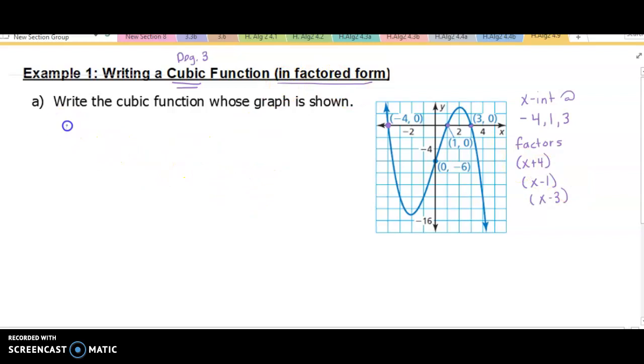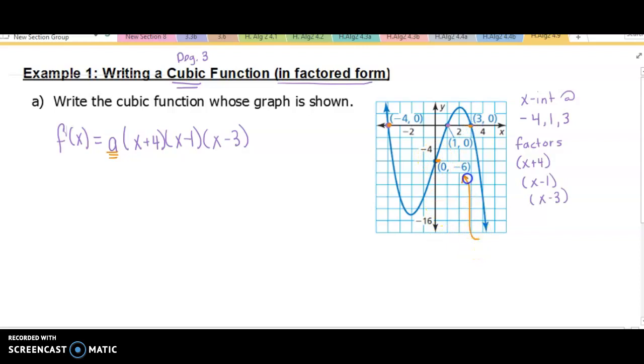So if we write this equation just with what I have, we don't have everything yet, but f of x is going to equal some number a out here, and then x plus 4, x minus 1, and x minus 3. Now our goal is to solve for this a. Notice in this graph we have 3 x-intercepts, but we also have the y-intercept.